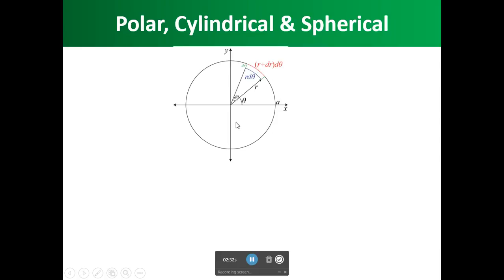For a very small theta, sine of theta and theta are basically equal, and so we can use r d theta for this arc here.